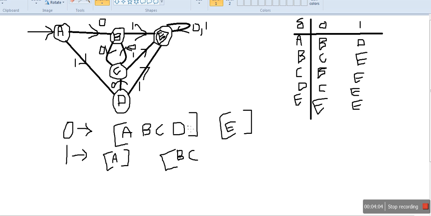Now check B and D. B on 0 goes to C, D on 0 goes to C. B on 1 goes to E, D on 1 goes to E. Since the targets are the same, B and D will never be separated.